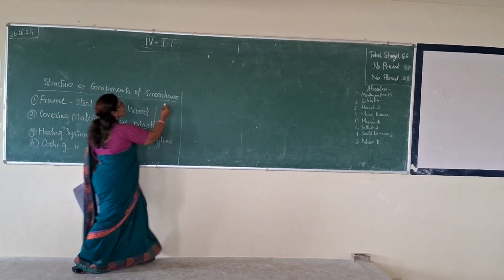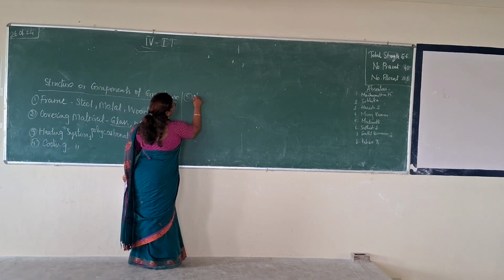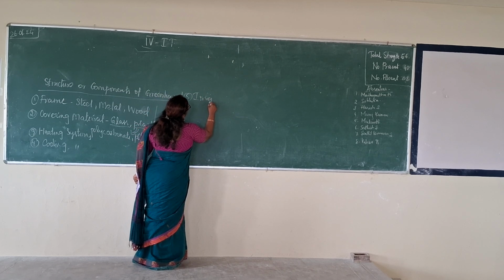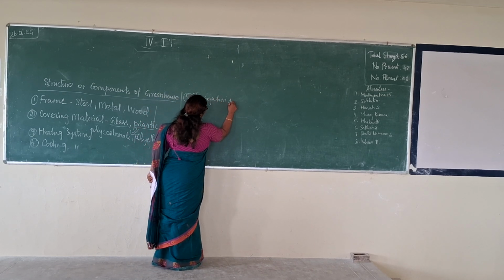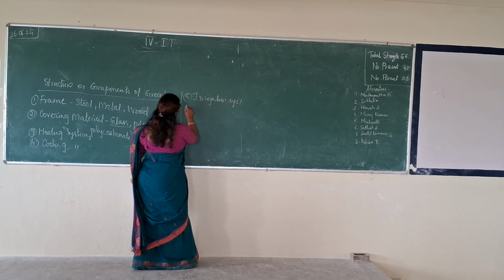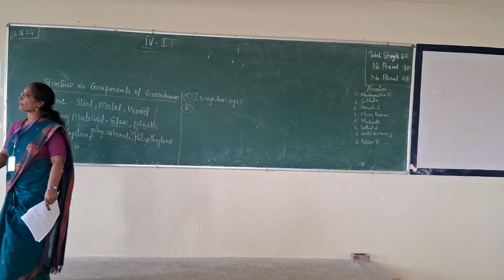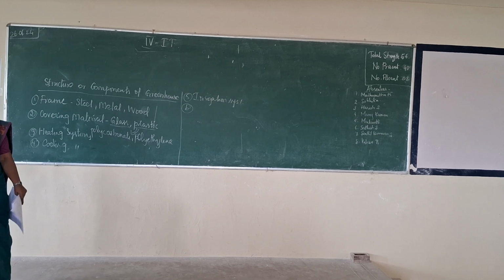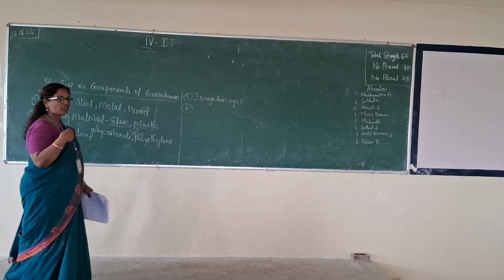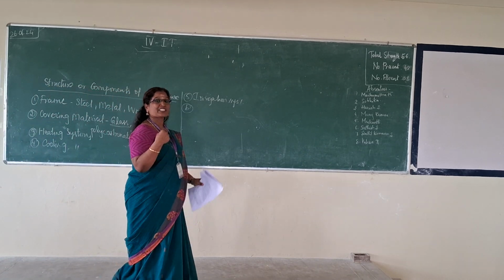So next, the irrigation system. We have discussed irrigation systems enough, but coming to the greenhouse irrigation system, you may grow mixed crops.